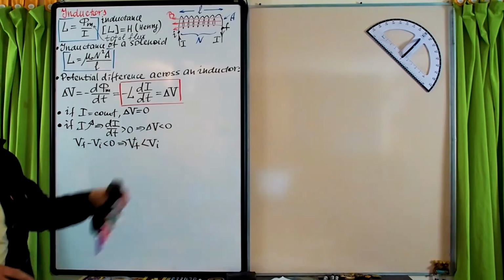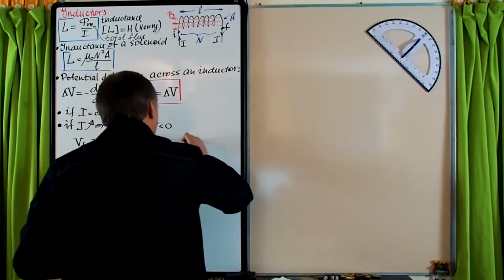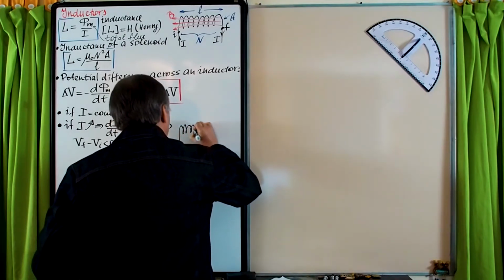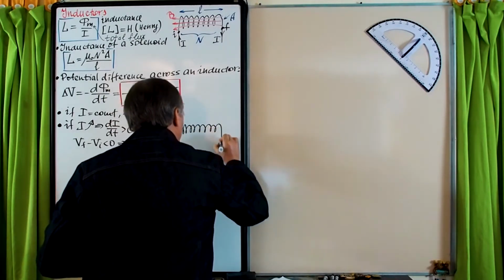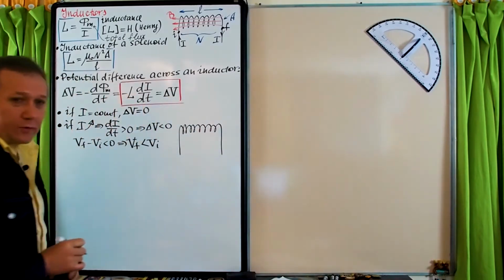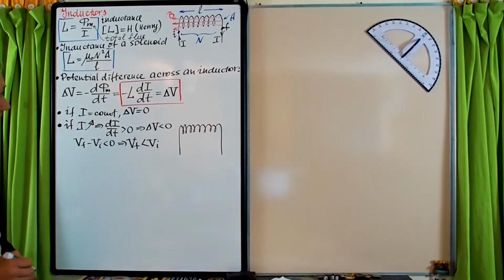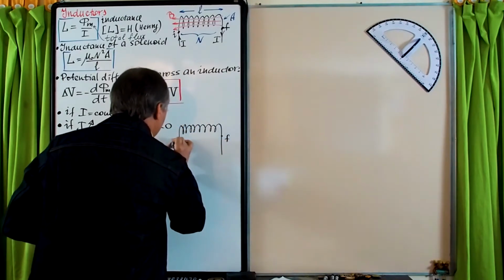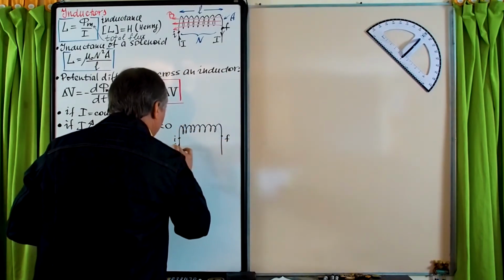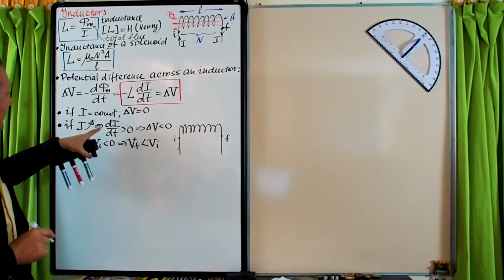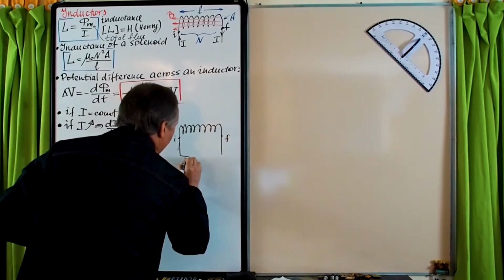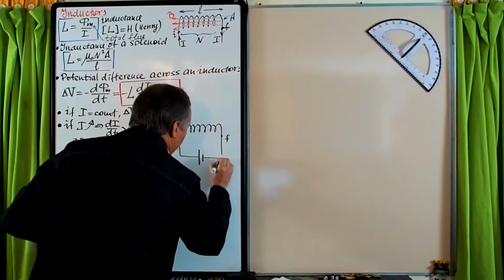Okay, let me draw another picture like I did in the previous class. So that's the solenoid, right? This is the final point, this is the initial point, and this current I is produced by some battery over here, let's say.